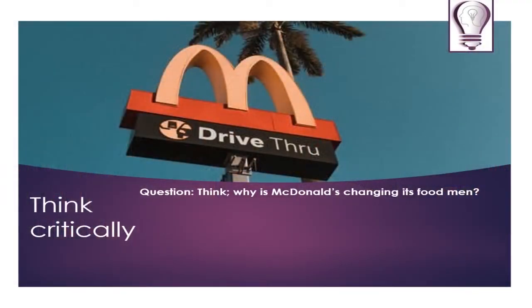Now let's move on. Now you see on your screen, there is a question. Think, why is McDonald's changing its food menu? Why is McDonald's changing its food menu?